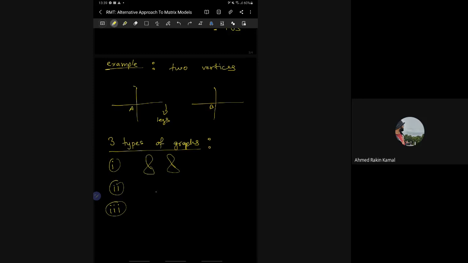Another possible way, can someone tell me another possible way? This is the self-contracted ones. They're sometimes called disconnected because A and B are disconnected. A and B aren't connecting to one another.